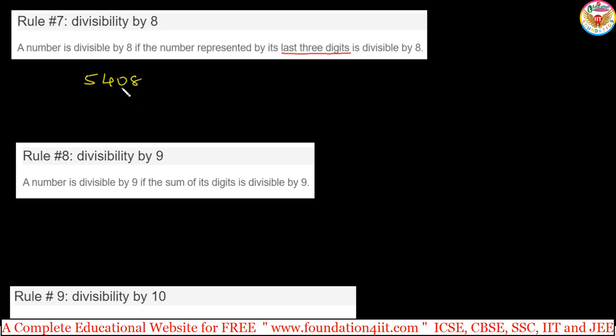To check this, take the last 3 digits, 408, which is exactly divisible by 8, so the remainder is 0. That means 5408 is exactly divisible by 8. Same way, the last one, 632432: 432 is divisible by 8, so this number is also divisible by 8.